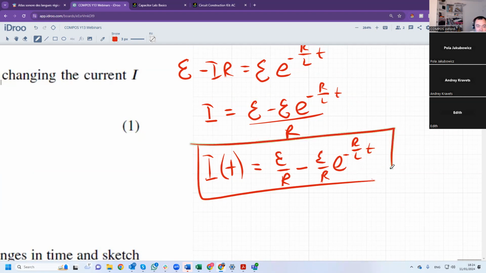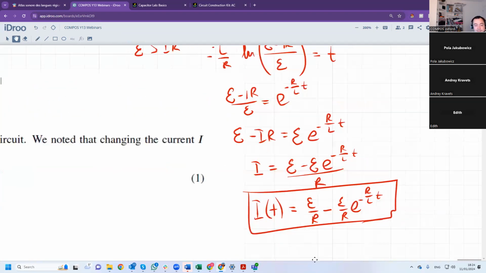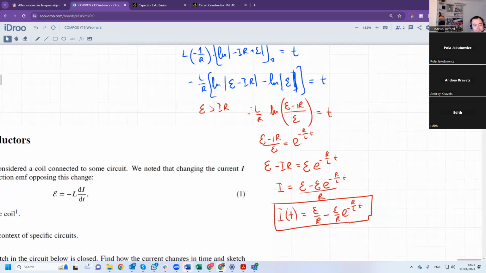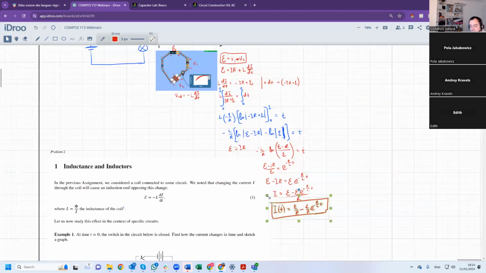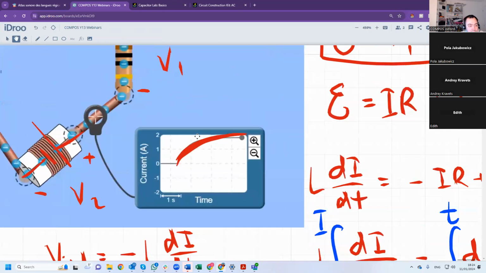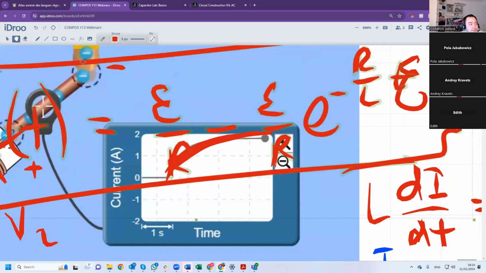This is the current in the circuit, and this is the graph that we got. The shape of the graph here is exactly that.